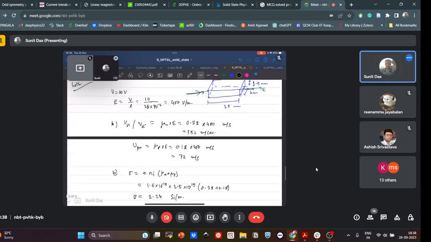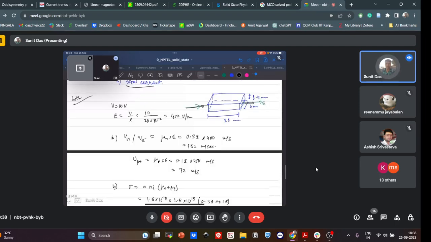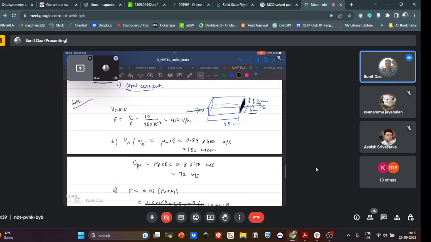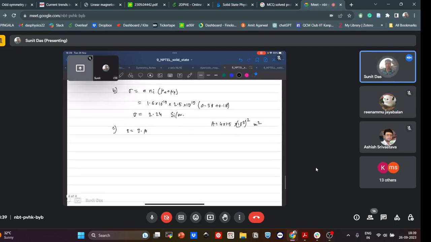Then the last part said what is the total current. So current is current density into the area of cross section. So here the area of cross section is this one, right? Which is a rectangle whose sides are 4 millimeter and 1.5 millimeter. So area of cross section is 4 into 1.5 into 10 to the power minus 6 square meter, and J equal to sigma into electric field, right?